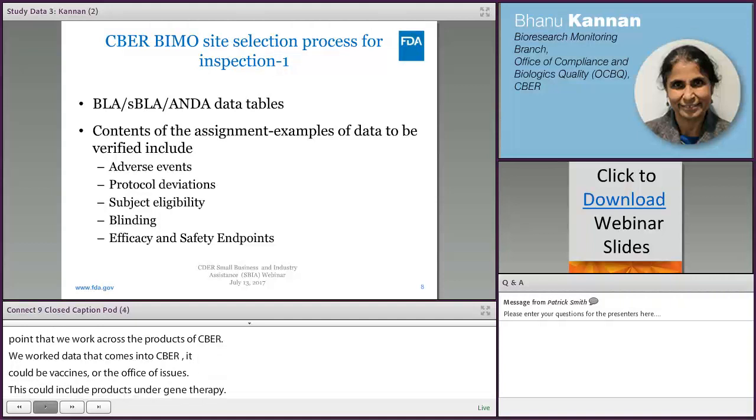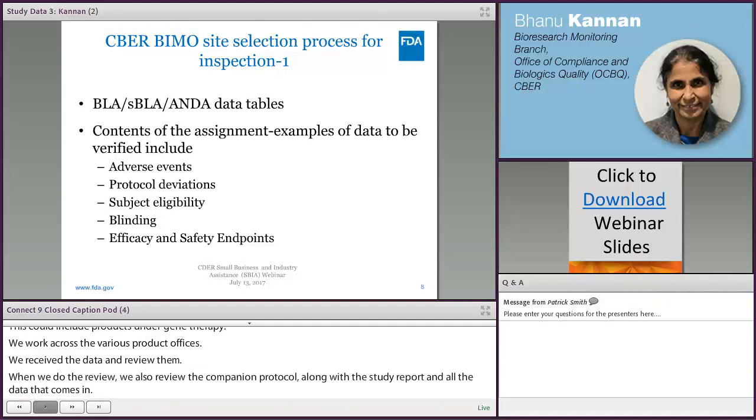So we receive the data tables, we review them, and when we do the review, we also review the companion protocol, and along with that, the study report and all the data that comes in through the gateway. So there is a lot of information that we have to review before we draft our assignment.